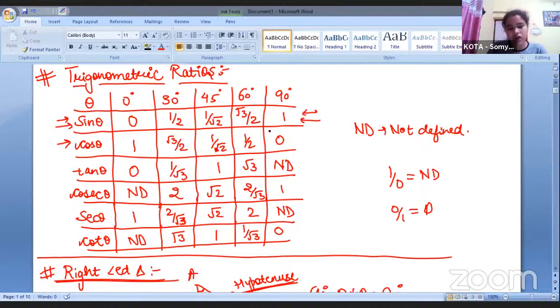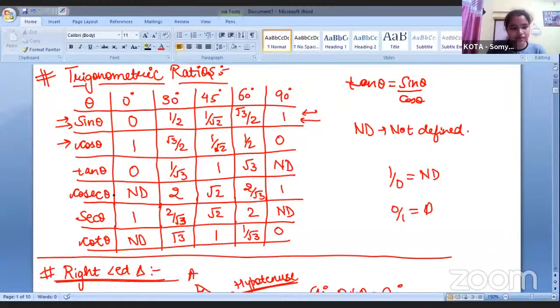And tan theta, we all know tan theta is sine by cos. So by finding these two, we can find tan, and cosec, sec, and cot are the reciprocals of sine, cos, and tan respectively. So we can find the whole table if we are thorough with the sine theta line alone.